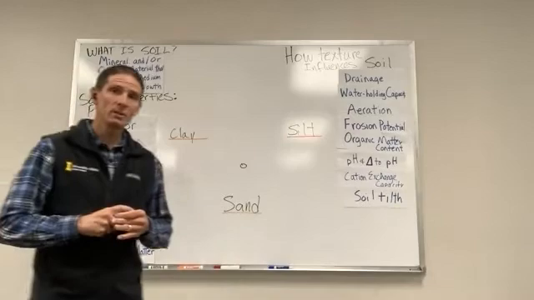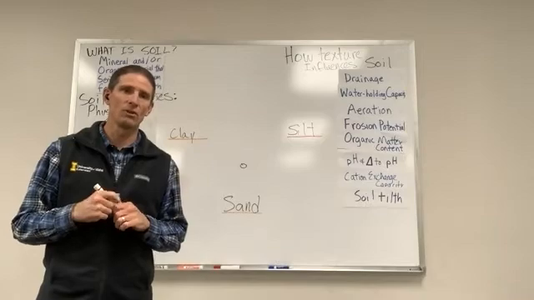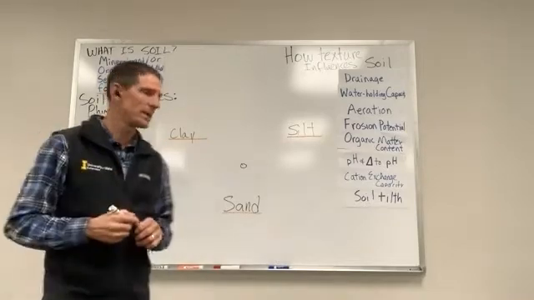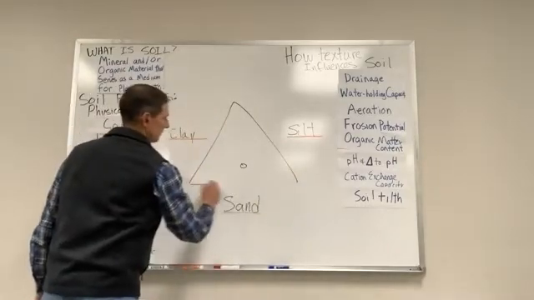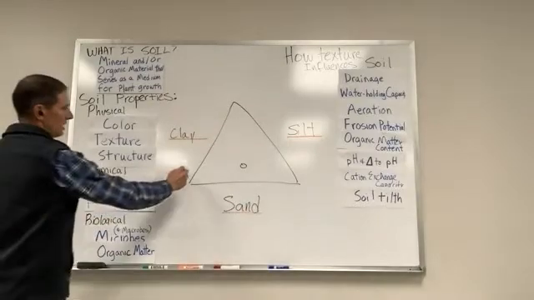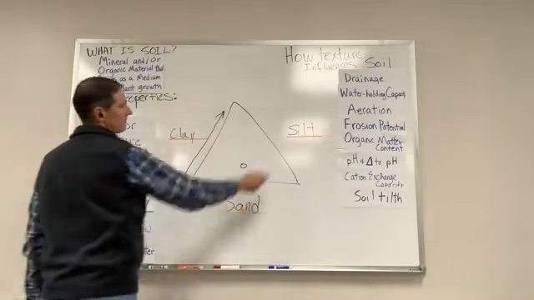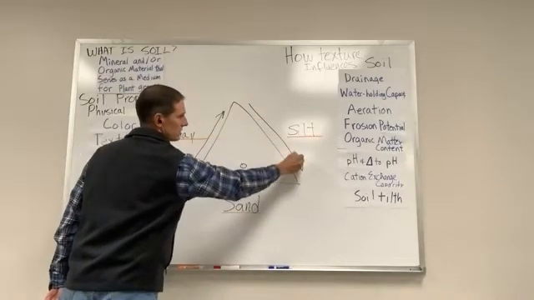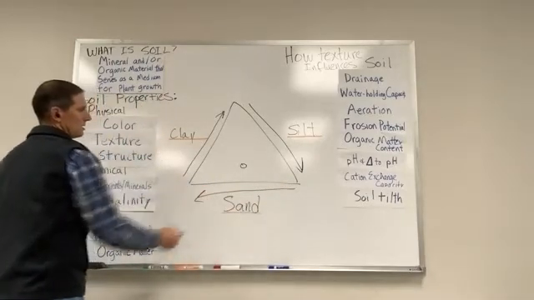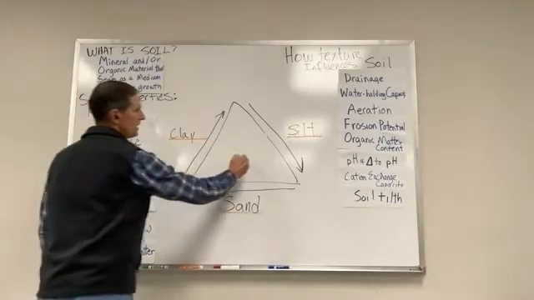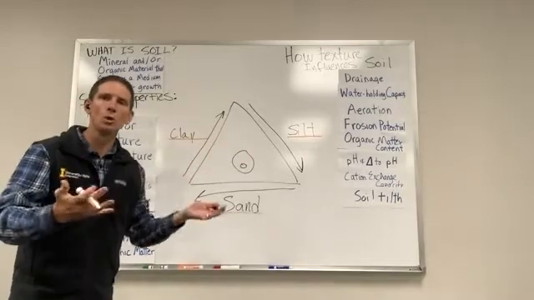And so you can look on the internet and find what's called a soil triangle all over, and they use it to classify a soil based on texture. And that soil triangle just simply is referring to if you have increased clay percentage, it goes up. If you have increased silt percentage, it goes that way. And if you have increased sand percentage, it goes this way. And right here in the middle, it's not exactly like this, but right there in the middle, it's referred to as a loam soil.